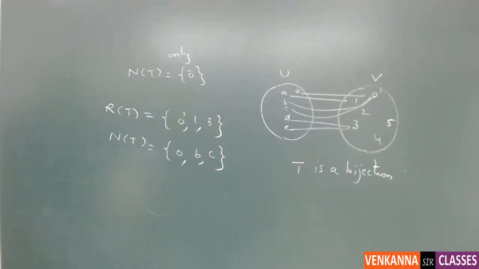Okay? Clear now? Because always 0 is paired with 0. Please understand. Apart from this, you are checking for what are the non-zero values whose image is becoming 0. That you are checking separately for the case of N of T. Right?